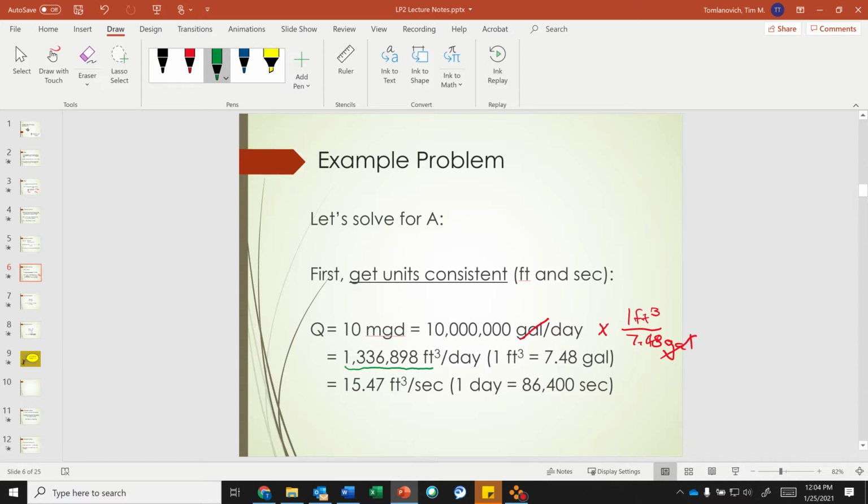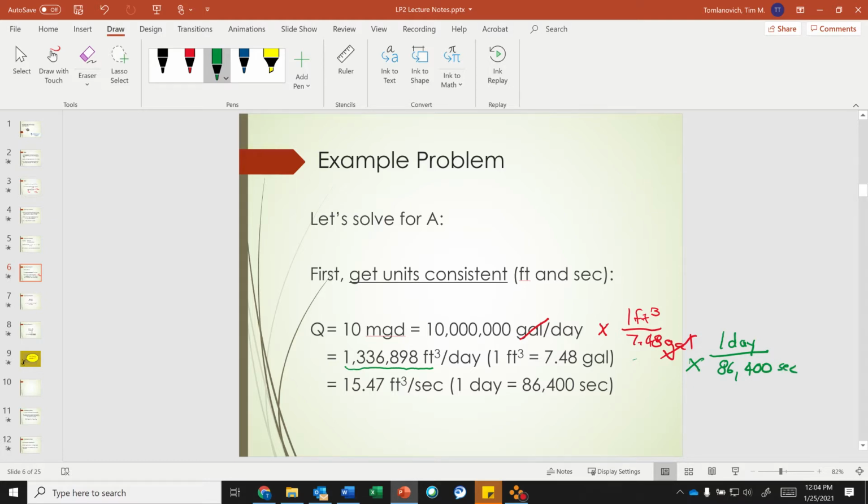Okay, so now we know, times, per day, so day is in the denominator, so we need the day in the numerator to cancel out, equals 86,400 seconds per day, right?